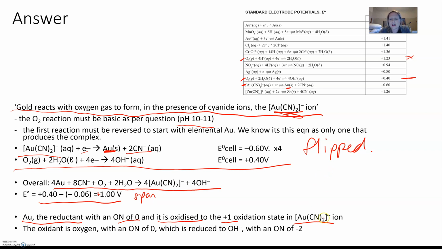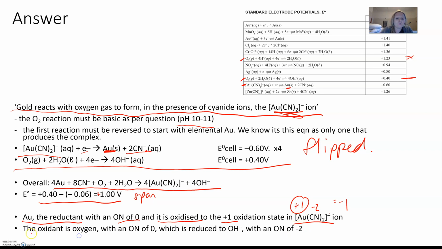How it works is that the charge on your complex has to be equal to the charges inside. The cyanide ion, as you can see up here, is 1-, so there are 2 of them, so that makes -2. And if this complex has to equal -1 because of this charge here, what plus -2 equals -1? And the answer is +1. So Au must have an oxidation number of +1 in the complex ion.